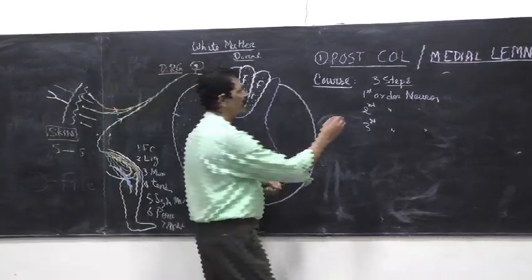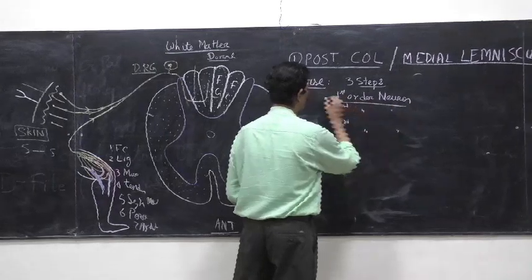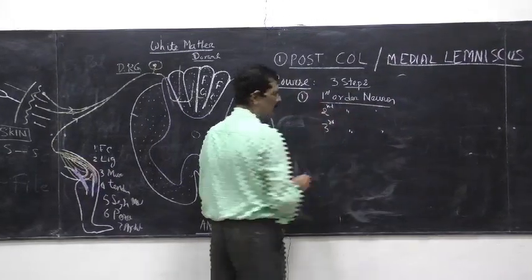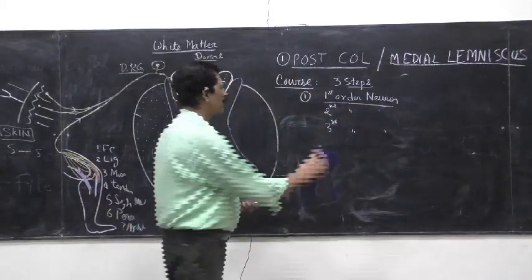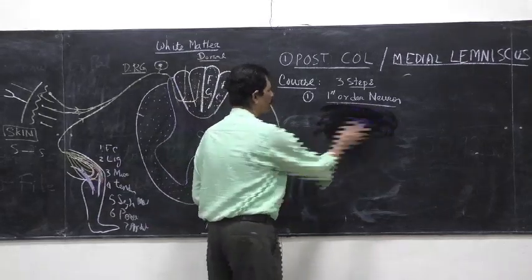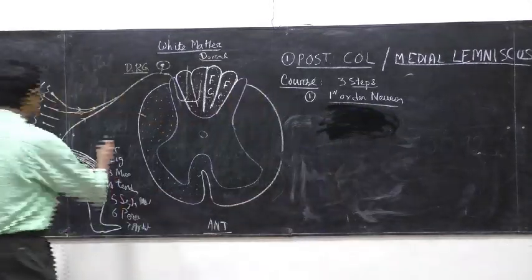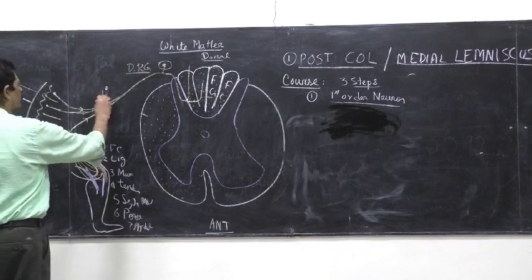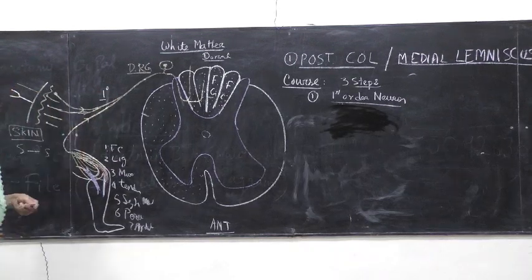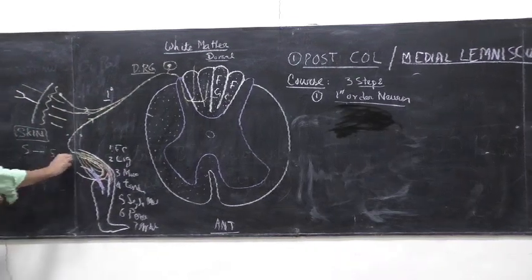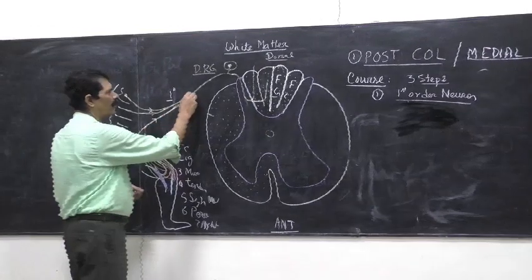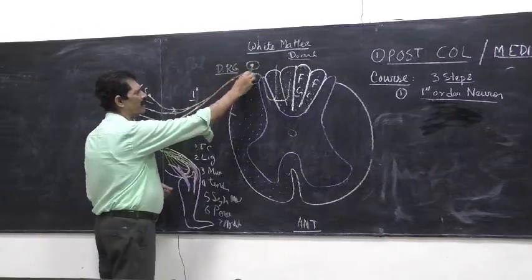First we make the heading of first order neurons. This is the first order neuron. The first information from the periphery is carried by a neuron, and that neuron is called the first order neuron.